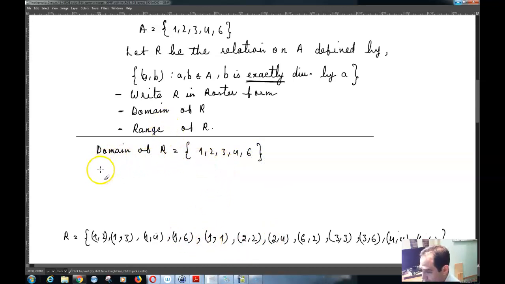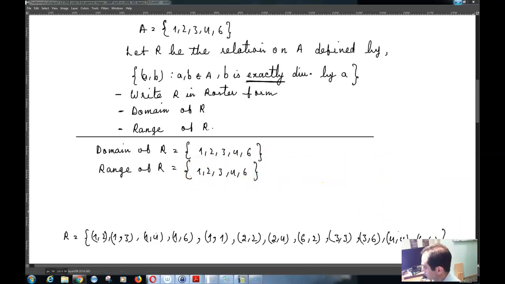And the range of R is 1, 2, 3, 4, and 6.